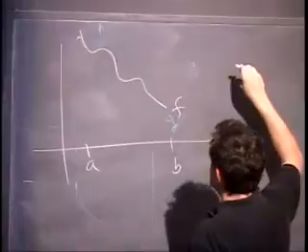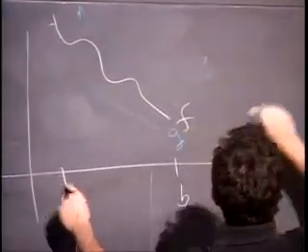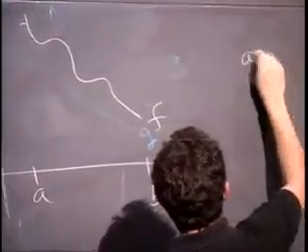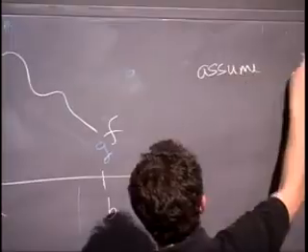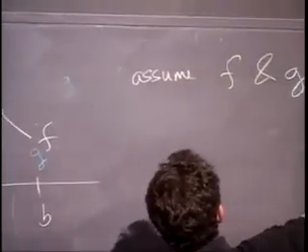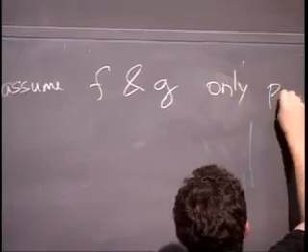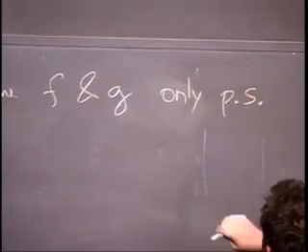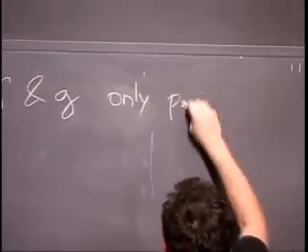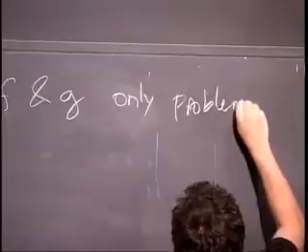In fact, assuming the problem spot is only at A, I want to assume also that f and g only have a problem spot, PS I'll use for problem spot. Well, maybe I better write it out this first time. Problem spot.